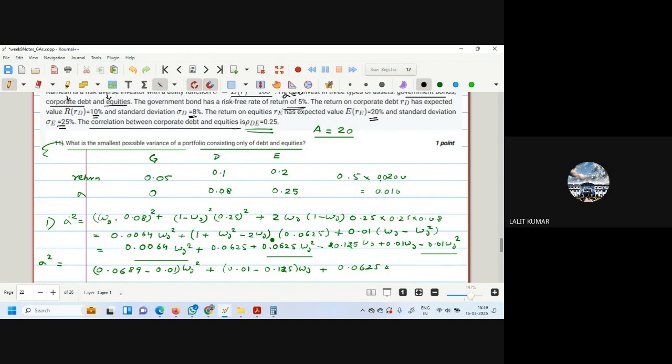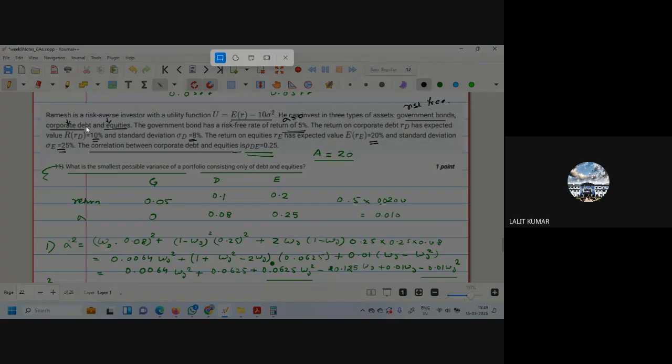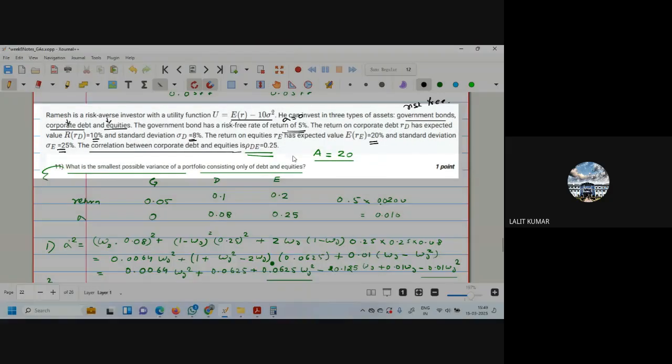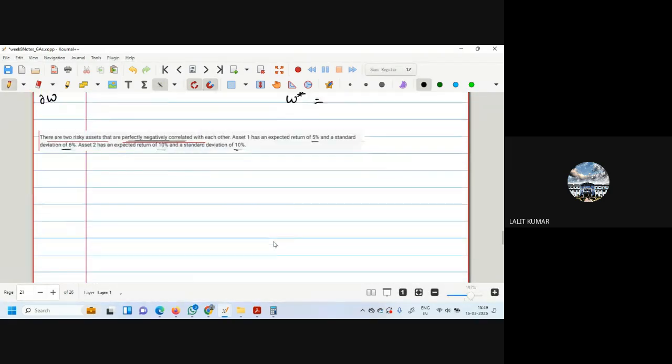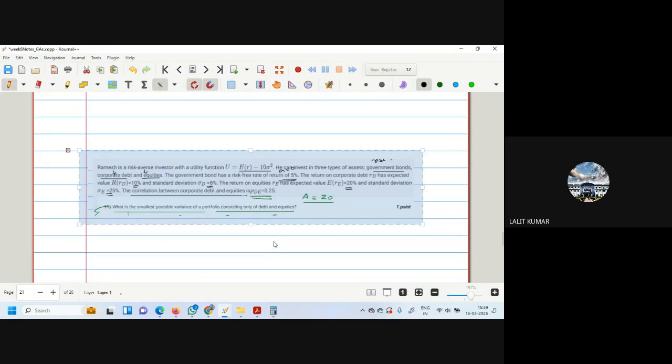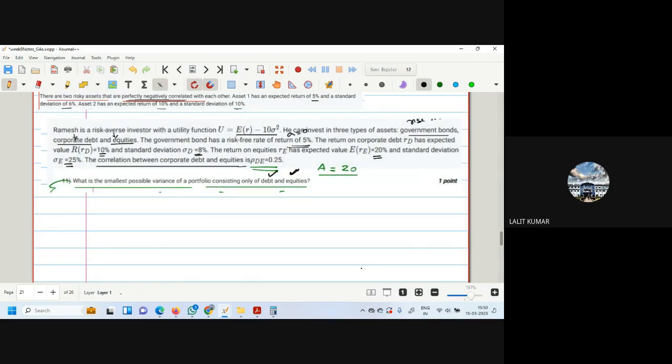Okay. So we have to follow the same principle as we did earlier. I will consider only the portfolio with debt and equity. Both are risky. So expected return will be equal to W into 0.1 for corporate debt plus 1 minus W into 0.2. This is the expected return.